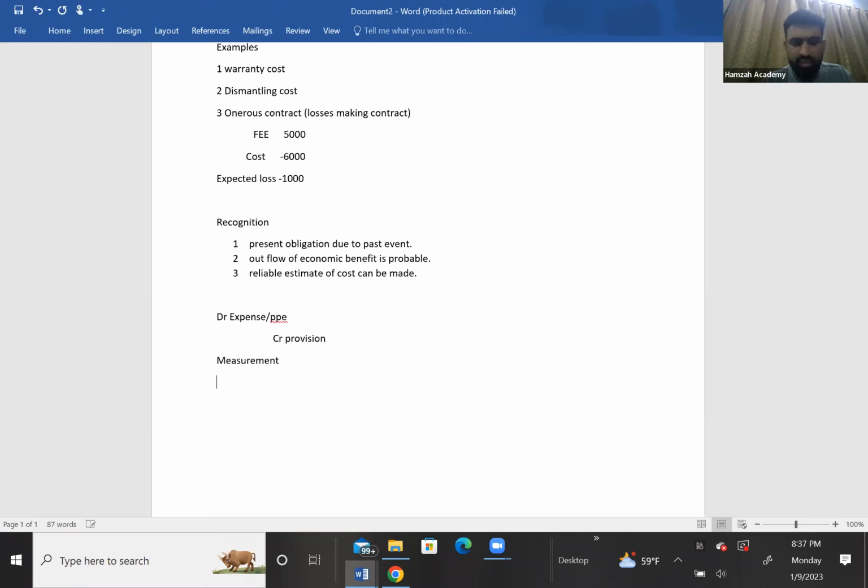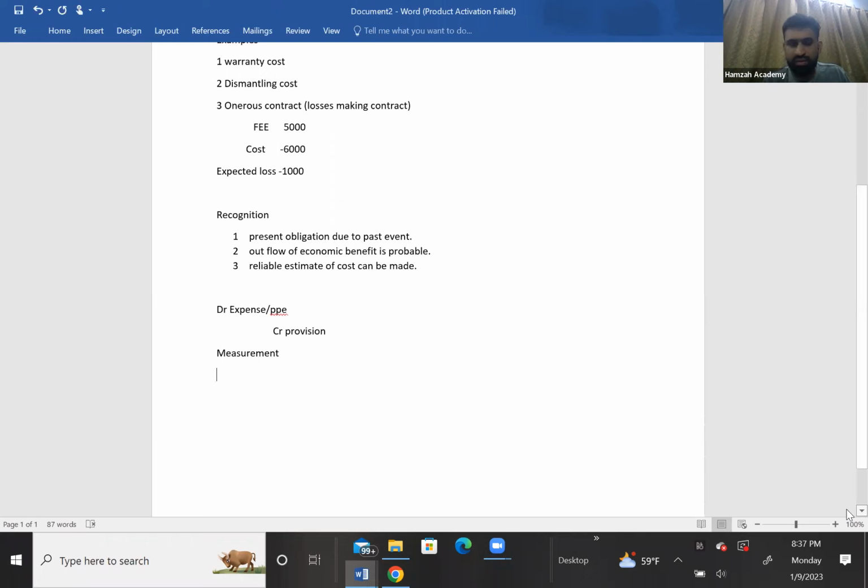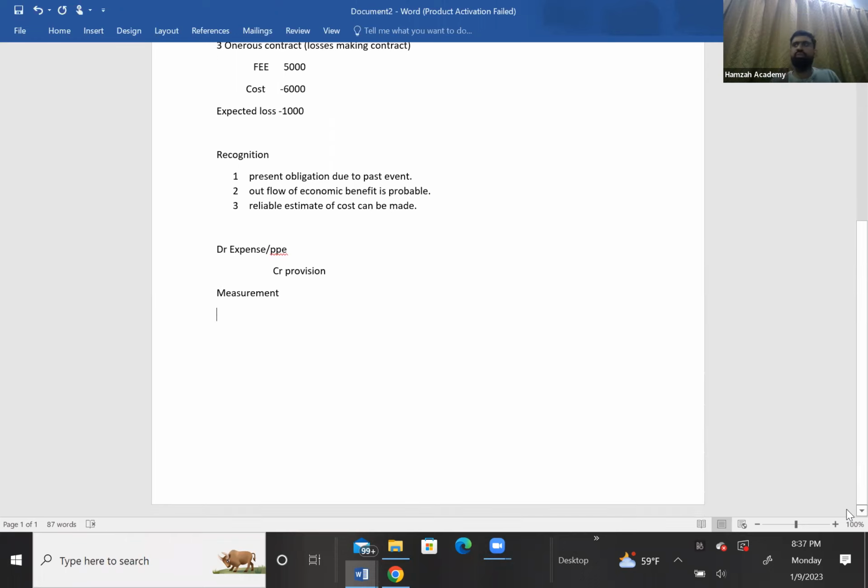Measurement of the provision. Provision should be a best estimate. When we measure the provision, it should be a best estimate.